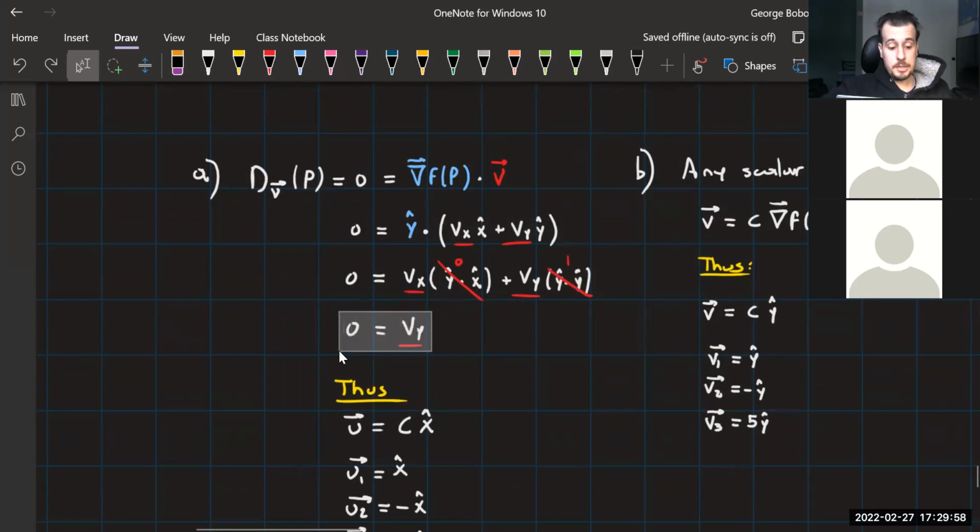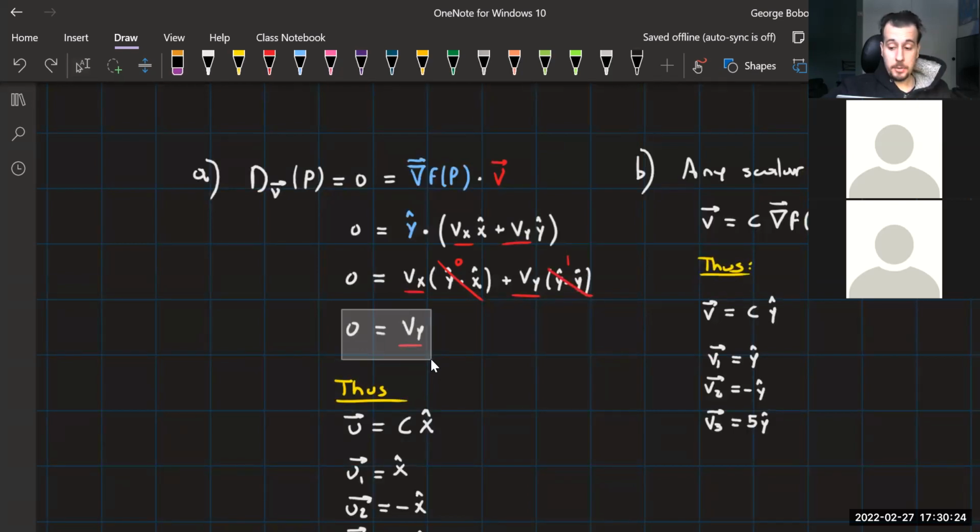And you get a constraint that your vector V has to have a Y component of 0. That's it. You don't get a constraint on the X. The X can be whatever it wants right now. You only get a constraint on the Y.